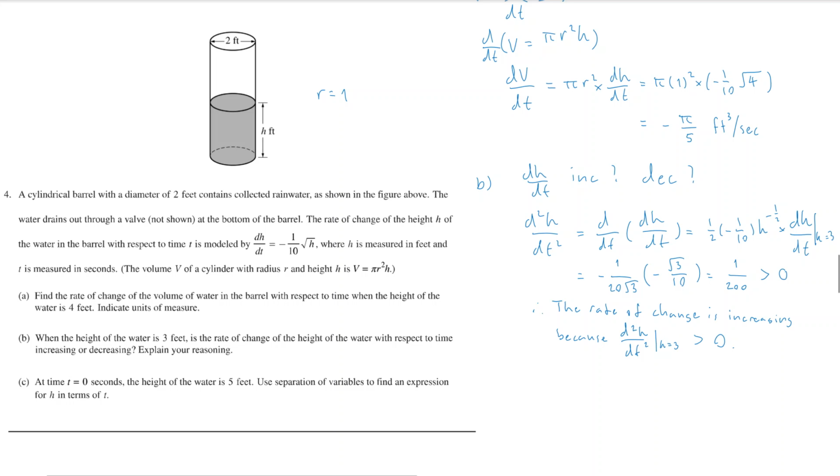Now question C is asking us to use the separation of variables to find the function h in terms of t with the initial condition at t equals 0. The height is 5, so h of 0 is 5.